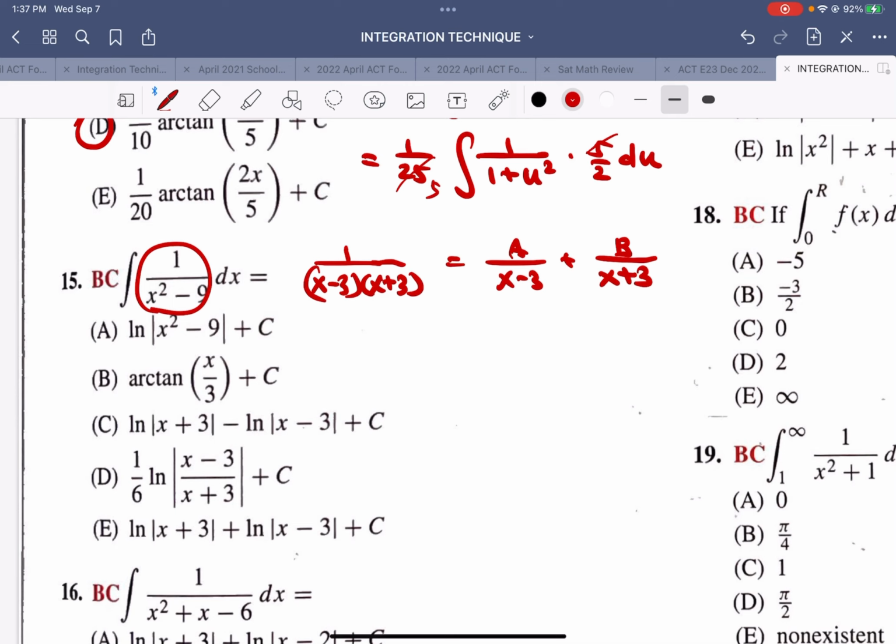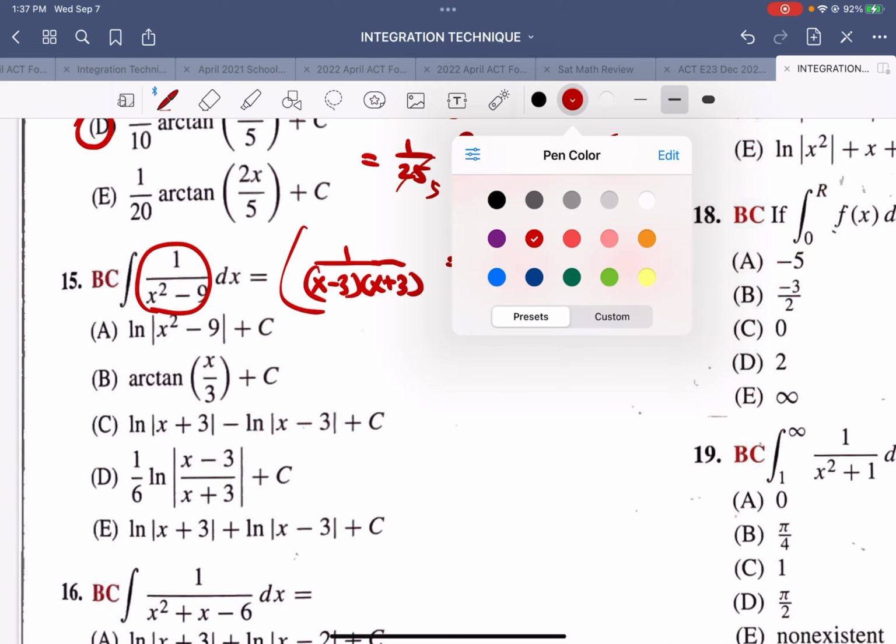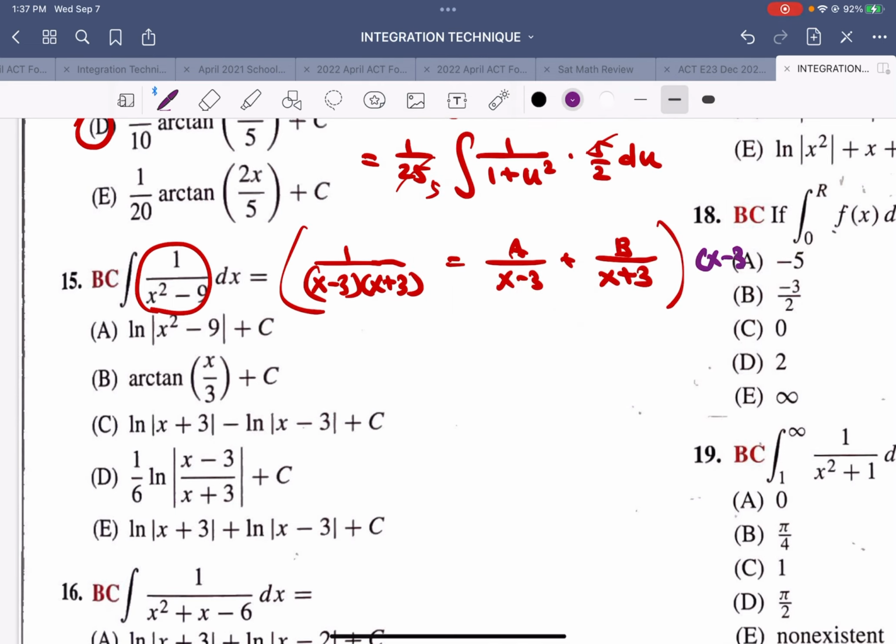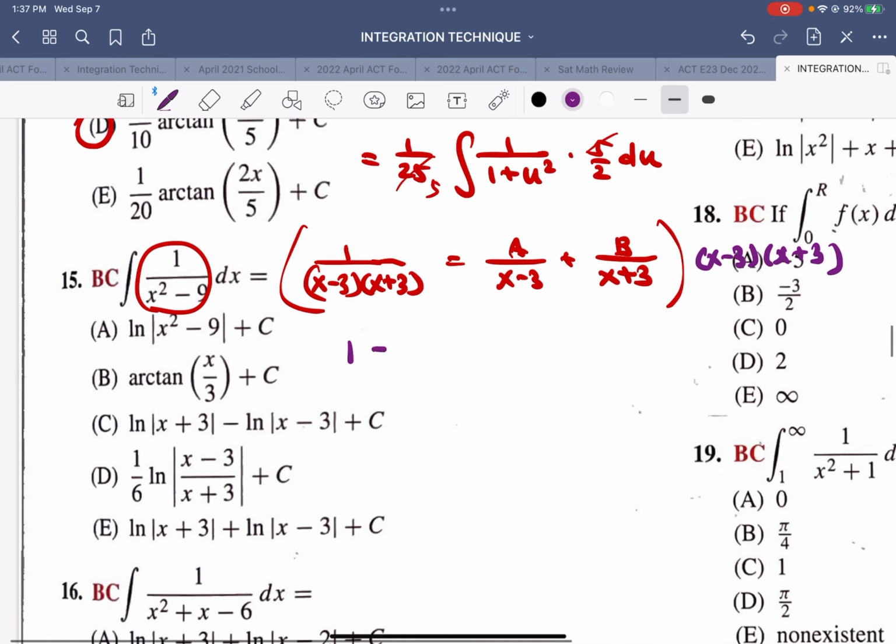So when you multiply every term by x minus 3, x plus 3, then it will be 1, and a times x minus 3 cancels, but you have a times x plus 3 plus b. Now this time x plus 3 cancels, it's b times x minus 3, like that.